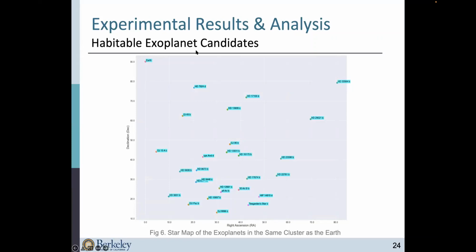On the top left side is Earth, and we have found other exoplanets on this map, for example HD 17156b. Some other confirmed exoplanets are classified in the same cluster as Earth.